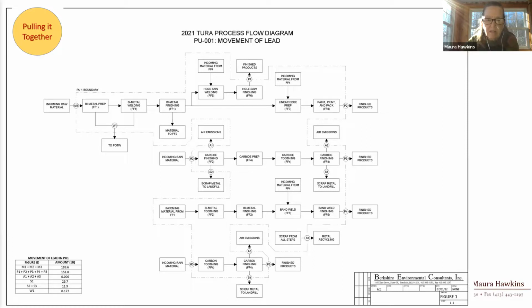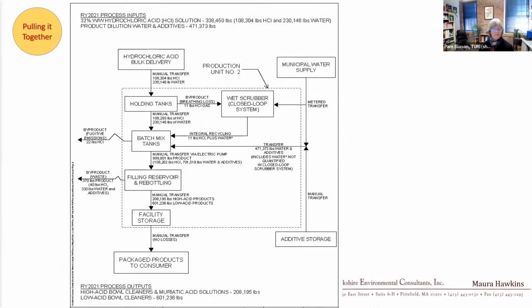So we knew exactly how much went into that process, and then we kept track of the points on this lower side of the map here. So it was a completely different process flow diagram, and it also has another calculation sheet that goes with it. I guess the point is that they're all different.